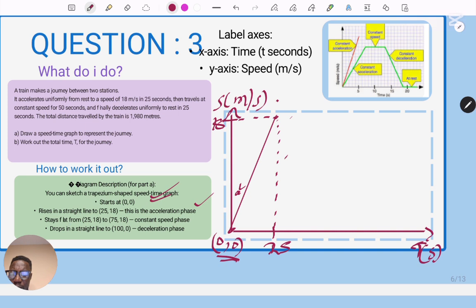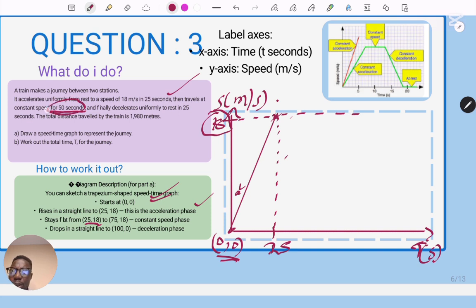Now it stays flat from 25 at 18. Let's check that from the question. After this, it then travels at constant speed for 50 seconds. Constant speed means that the speed is not changing. So on the vertical axis at 18, the speed is no longer changing, so it moves constantly like this for the next 50 seconds.